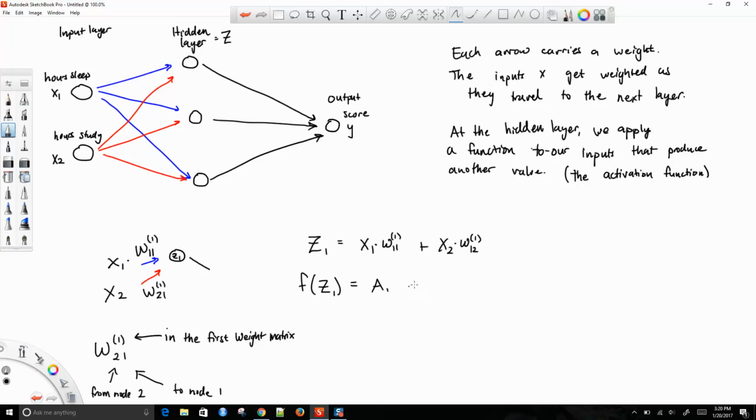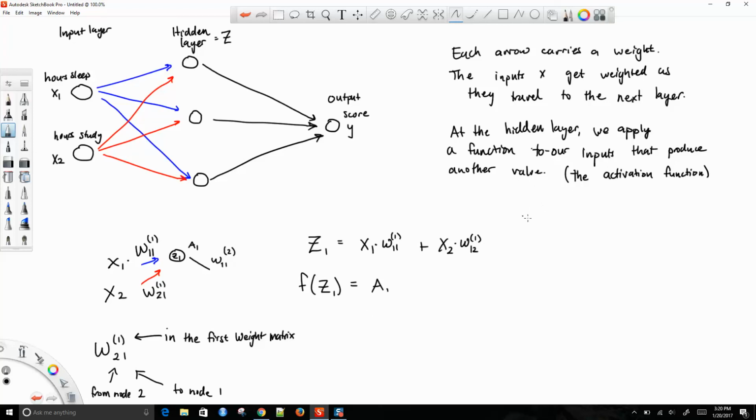I'm going to say A. Each of these is going to produce a value there, and then those get weighted further. So the output comes out as A, and then we apply a weight here. This is going to be the weight going from 1 to 1 in the second weight matrix.